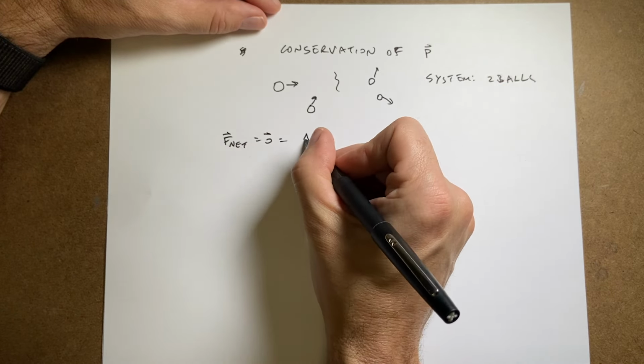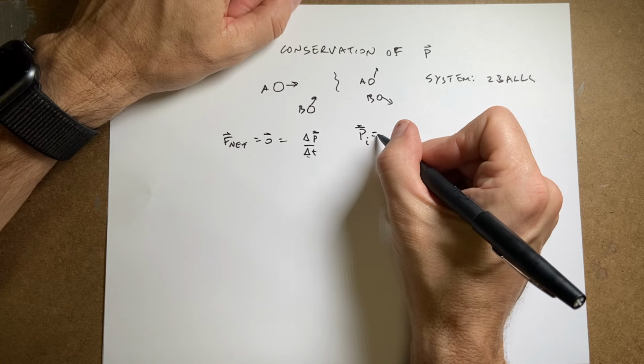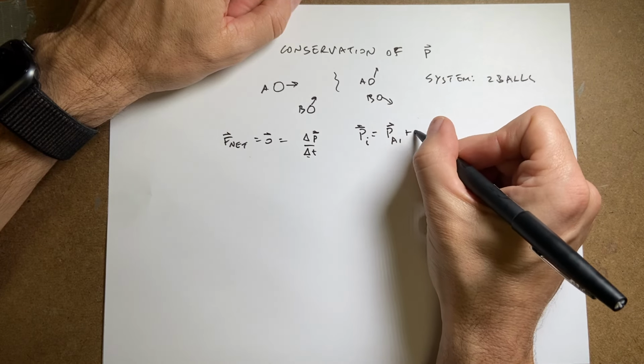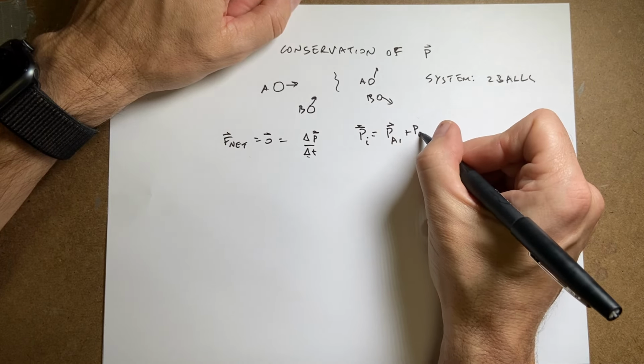So that means the initial momentum of the whole thing, let's call these A and B, is p_A1 plus p_B1, and that is equal to the final momentum, p_A2 plus p_B2.